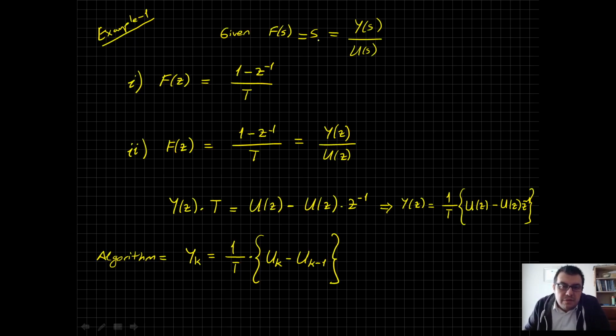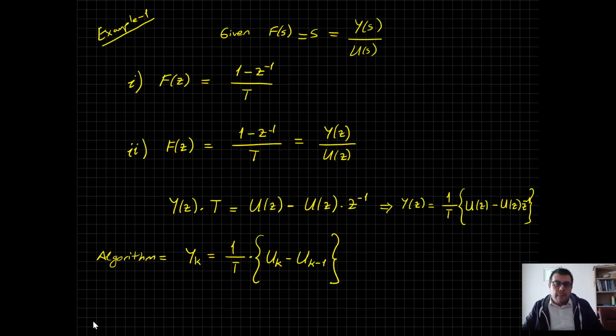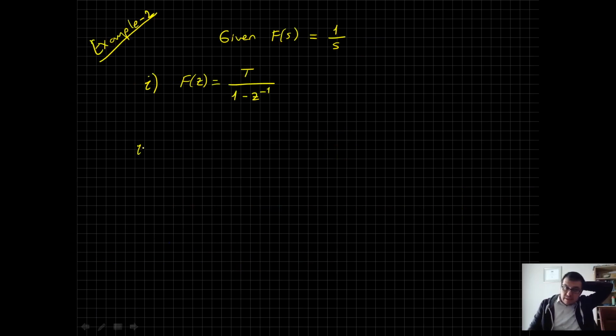If you remember, instead of s we were writing 1 minus z to the minus 1 over t. Now instead of 1 over s we should write here f of z is nothing but t over 1 minus z to the minus 1, right? So this is the inverse of the backward Euler method. Now if you move from here to an algorithm like this, what you need is this.